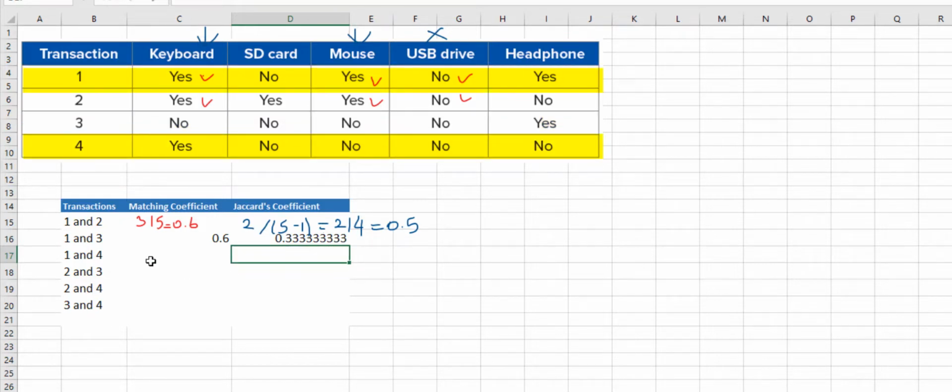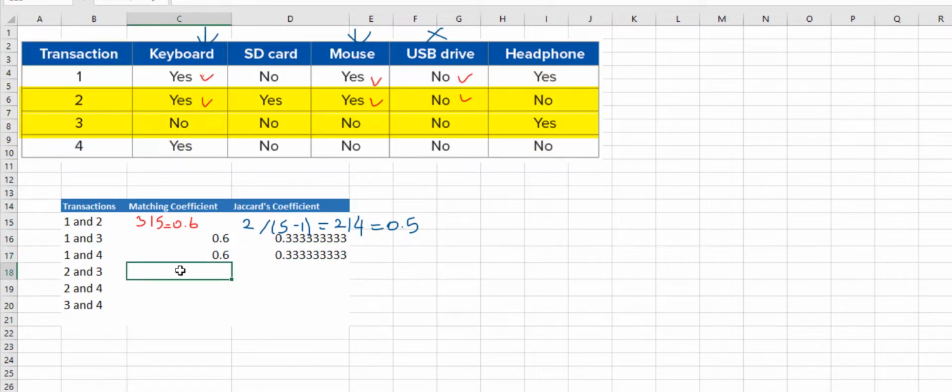And now between 1 and 4, we have keyboard match, SD card match, USB drive match, 3 over 5, 0.6. Now let's calculate Jaccard's coefficient. We have one positive match, keyboard, one negative match, SD card, and one negative match, USB drive. Therefore, it's 1 over 5 minus 2, which is 0.33.